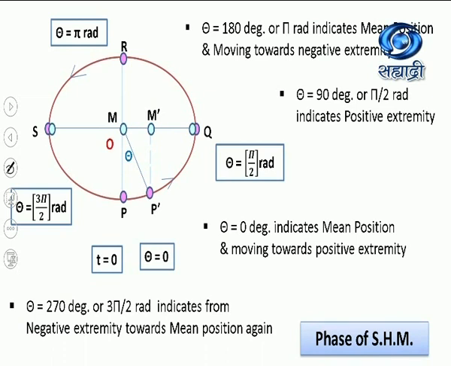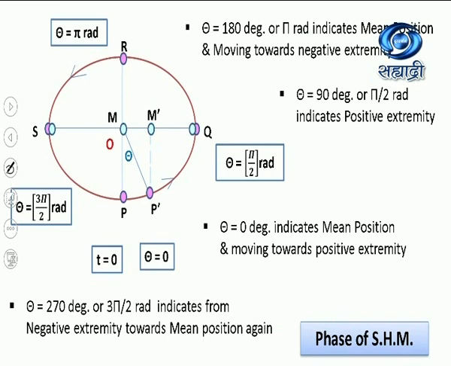That means the particle M is at negative extremity and now it will start its journey again towards the mean position. So when the particle P comes back to its original position after completing one revolution, M will also come back to its original, that is the mean position. That means again theta is equal to 360 degrees or equivalent to 0 degrees.